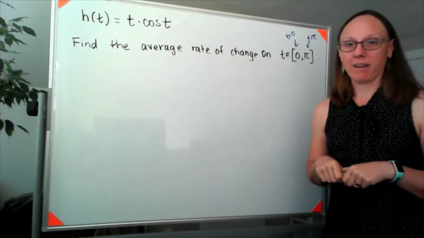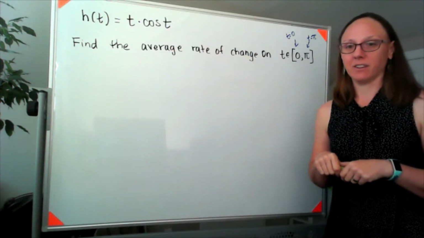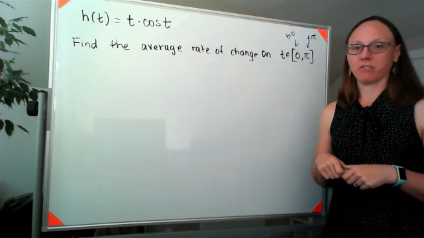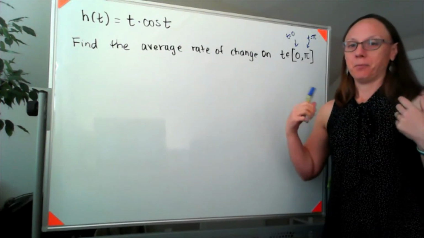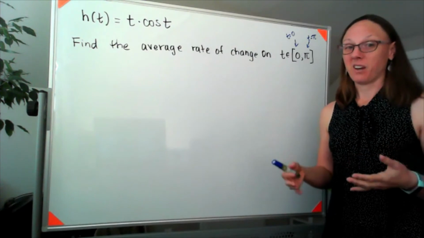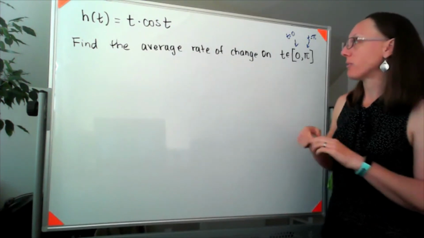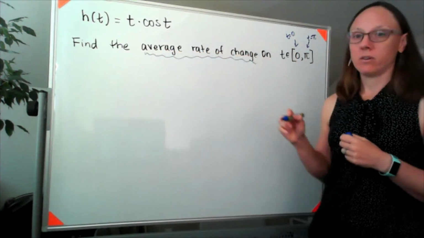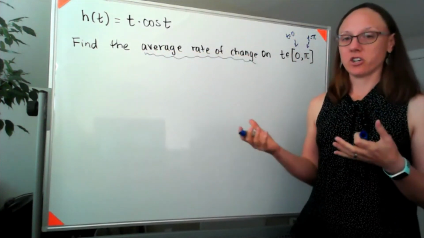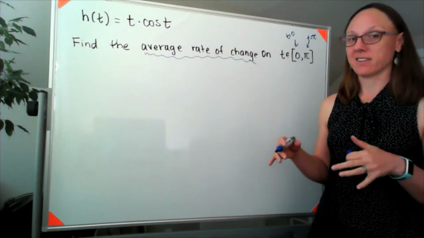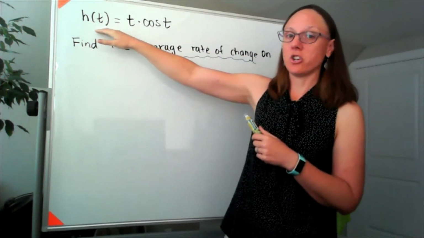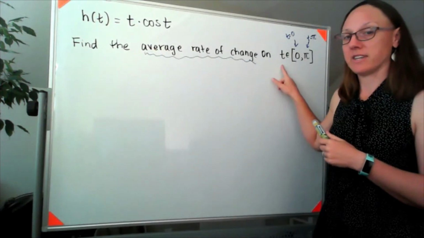I don't know what a graph of t times cosine of t looks like, but we can answer this question about the average rate of change without a graph, because average rate of change means old school slope. We are looking at a change in y over a change in x, or in this case, a change in h over a change in t.